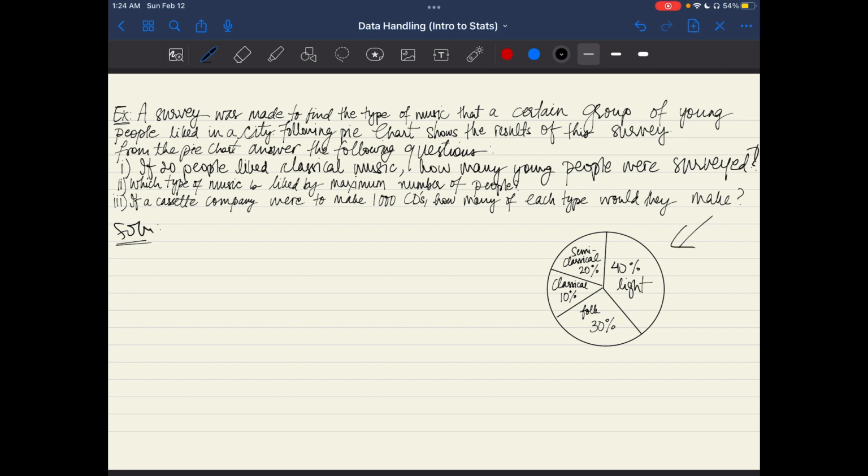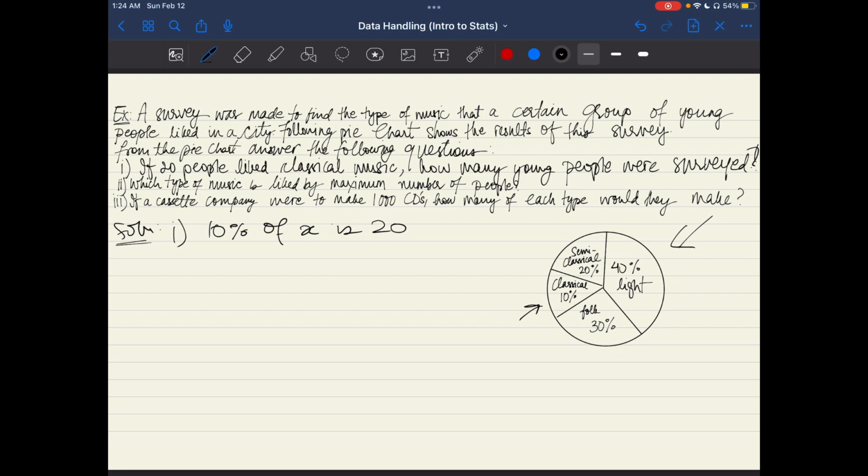It's given to us. So the first question says, if 20 people liked classical music, how many young people were surveyed? We see that for the classical music, there's 10% who liked it. So it's basically 10% of X is 20. That's what they're trying to tell us. Why?